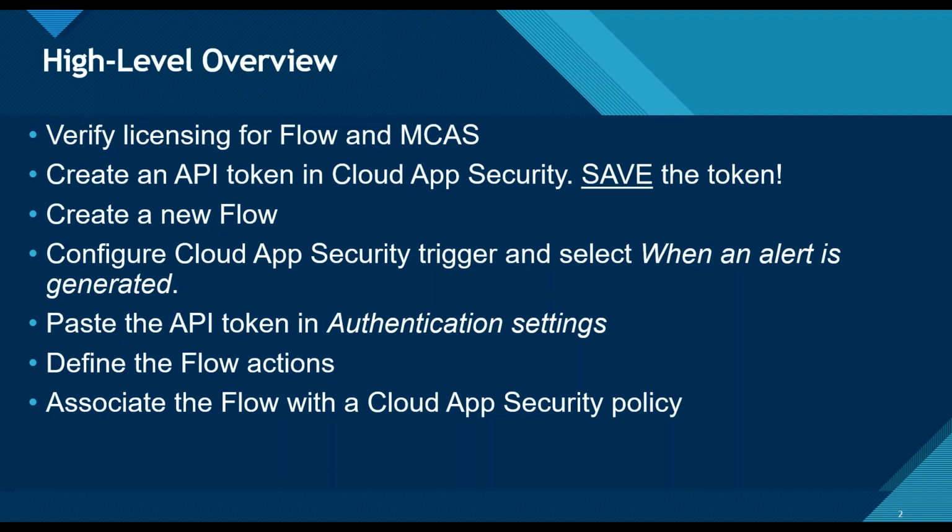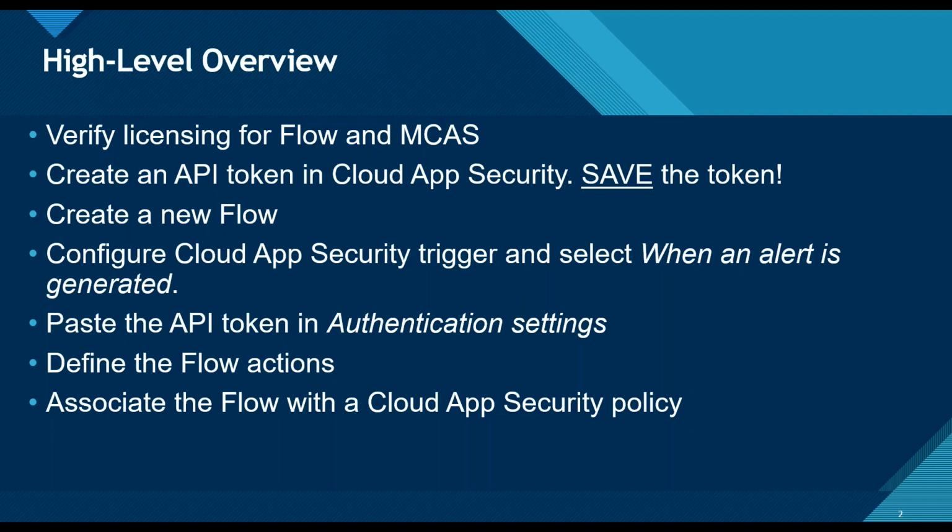After that, you go to your Flow portal and you create a new flow. When you start the flow, it's going to be a flow that you create from scratch. Even though there are a bunch of template flows, you're going to want to create a new one. And when you do this, you're going to configure a Cloud App Security trigger and select the option when an alert is generated.